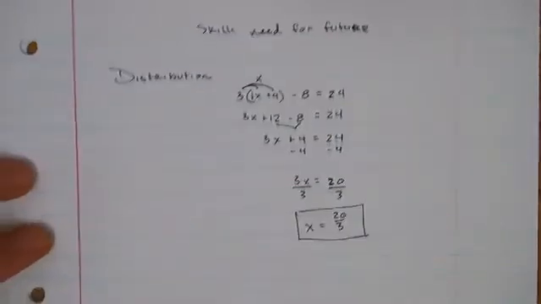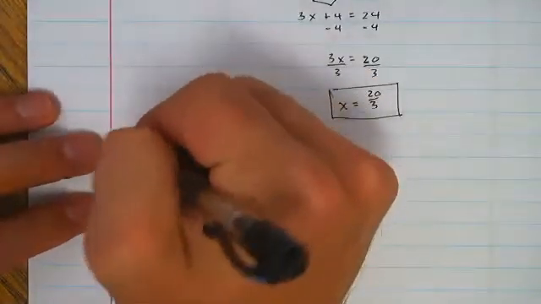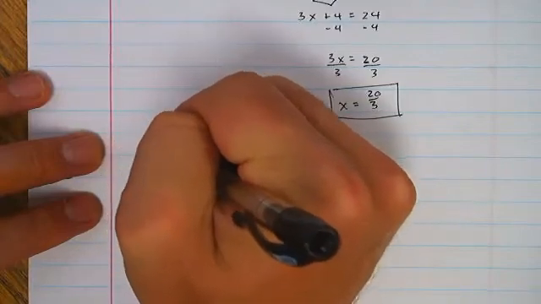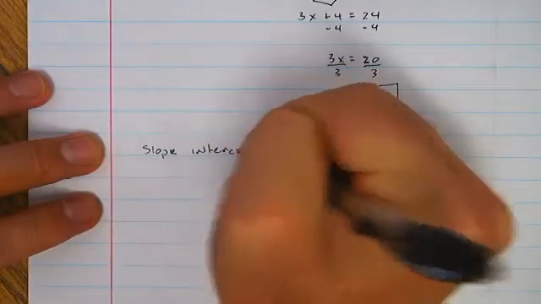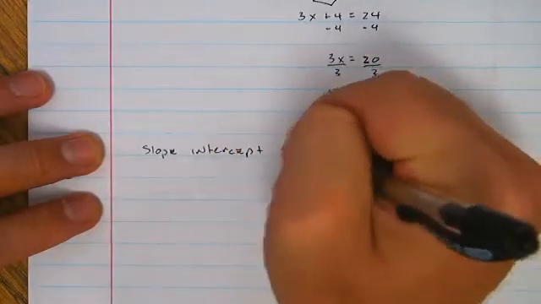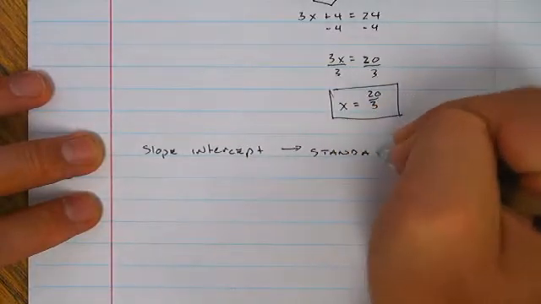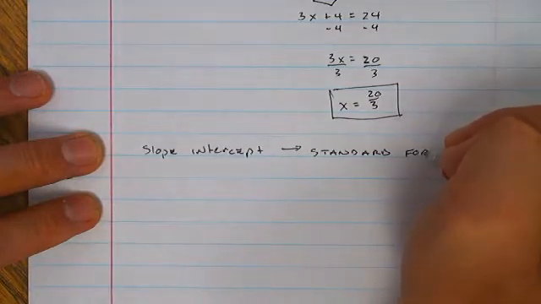All right. The next one is going to be slope intercept to standard form. Standard form conversion.